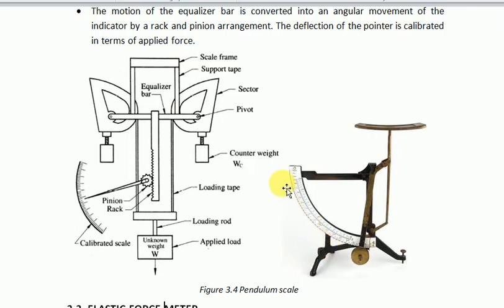Now you place the weight on this and balance it. This is the weight scale or calibrated scale which will reflect the value of the mass which is placed on this table.